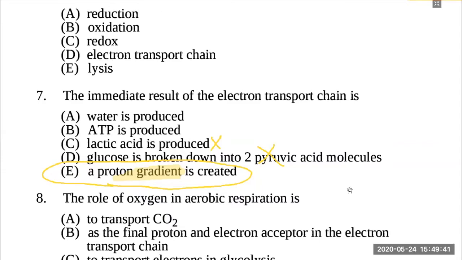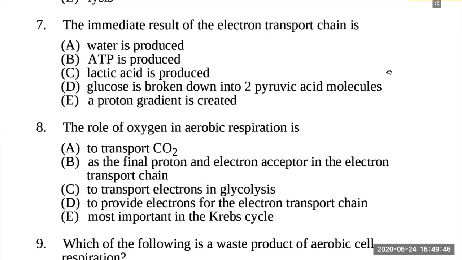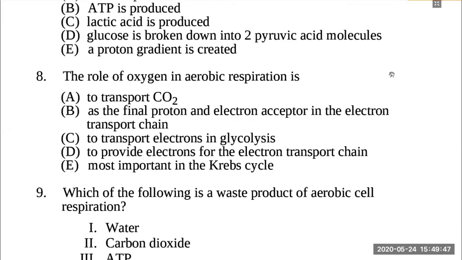And now let us move to question 8. The role of oxygen. That's very important, in which you have to know what's the role of oxygen in aerobic respiration, meaning in cellular respiration. To transport carbon dioxide, it's not related to anything.